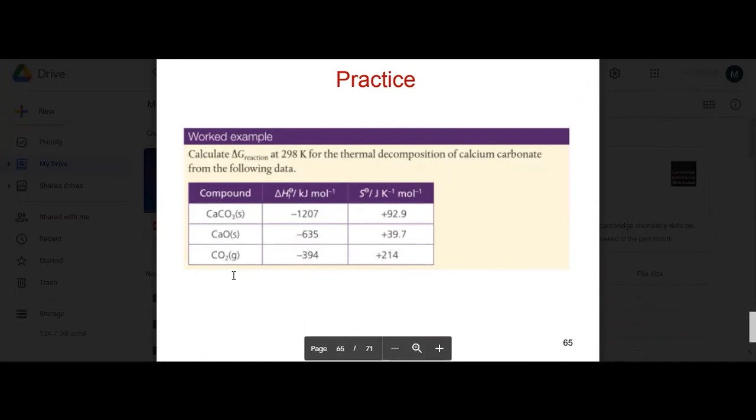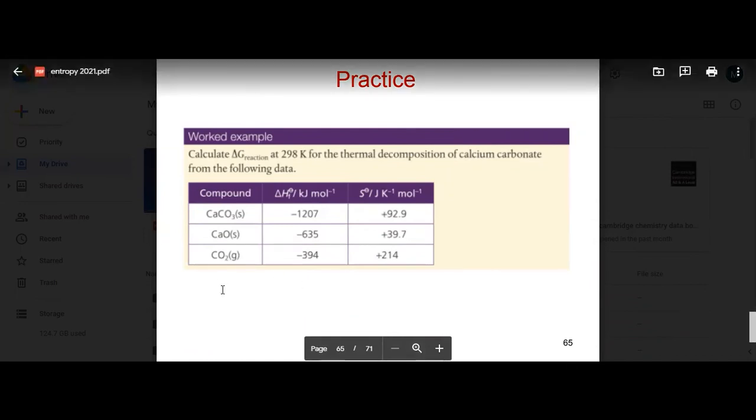Calculate the delta G of reaction at 298 Kelvin for the thermal decomposition of calcium carbonate from the following data. So how do we do this? Calcium carbonate decomposes to form calcium oxide and CO2 gas. The coefficients are 1, 1, 1.